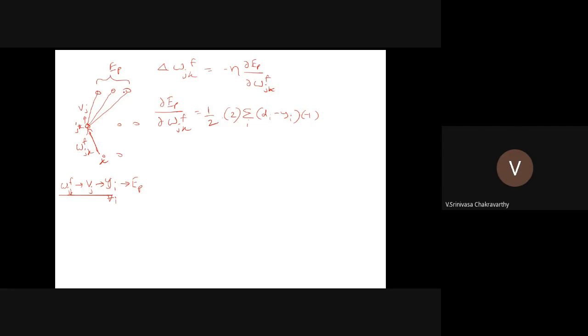So then dou yi by, we have to ultimately differentiate this with this. So before that we differentiate with respect to Vj, right? So dou yi by dou Vj means you have G prime of the output i, second stage.